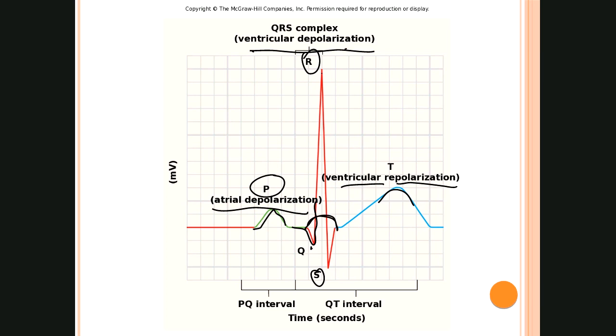Because the QRS curve is so large, it hides the atrial repolarization. It is happening, but we don't see it. So atrial repolarization will be masked by the QRS curve.